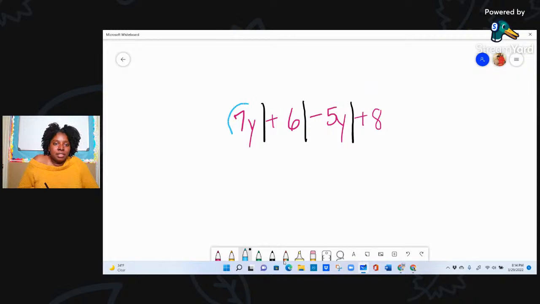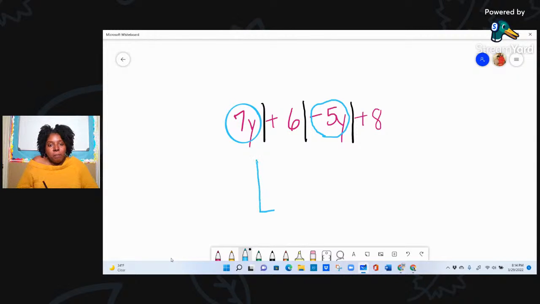So we have 7y, and I'm looking for something else that has a y in it. Does 6 have a y? Nope. Does minus 5y have a y? Yes, it does. You heard me say it. Does 8 have a y? No. But if it did, then I would be able to combine it, right?